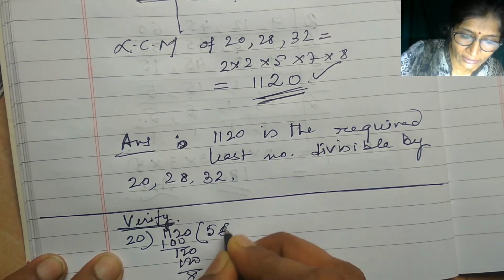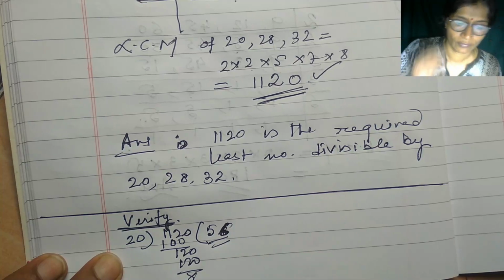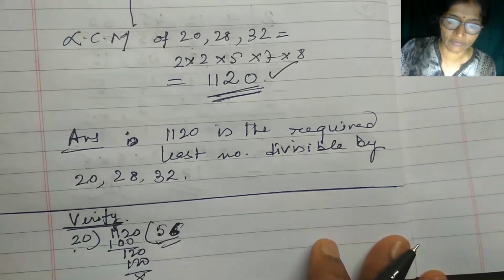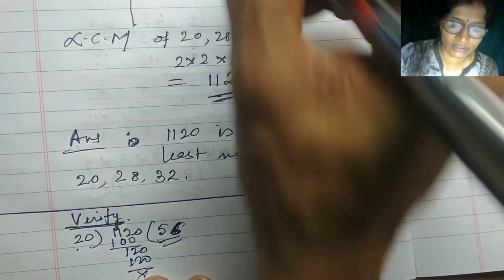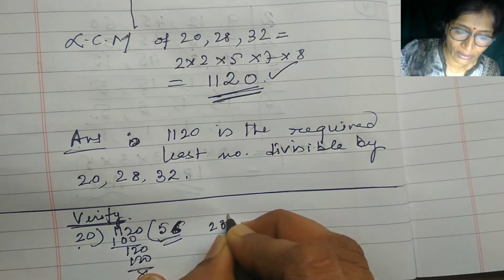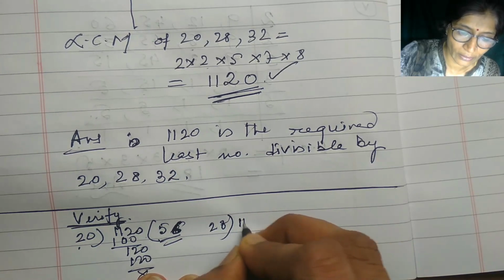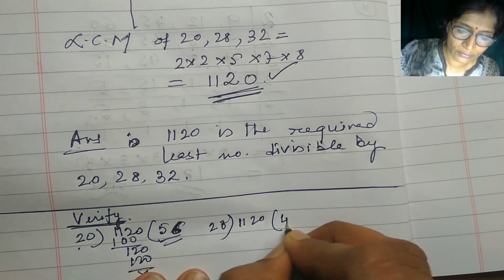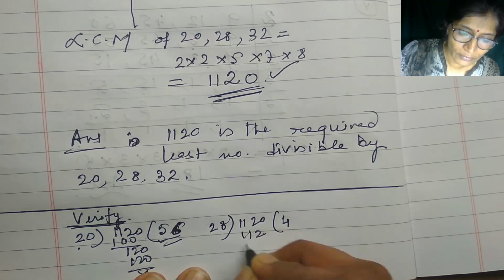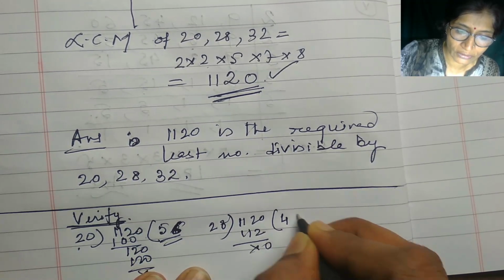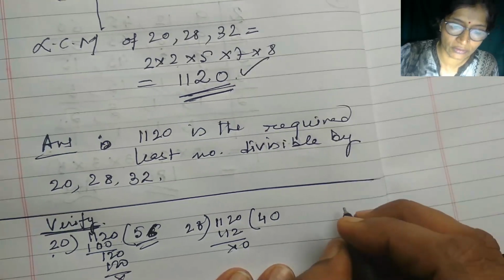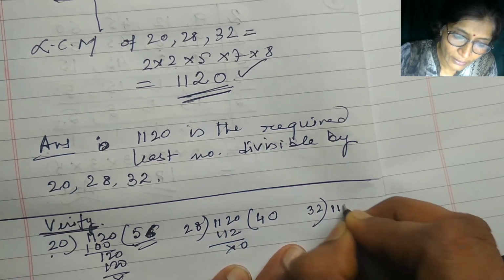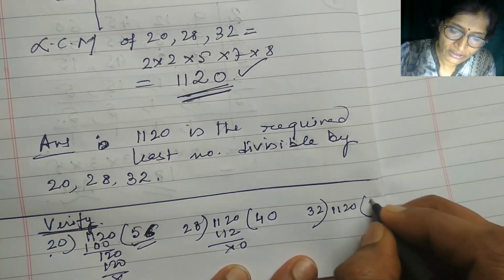So can you see that 1120 is divisible by 20. Next, even I can see that 28 can also divide 1120. So 0 and 0. Next is 32. Let's see, that will divide 1120 6 times. No.